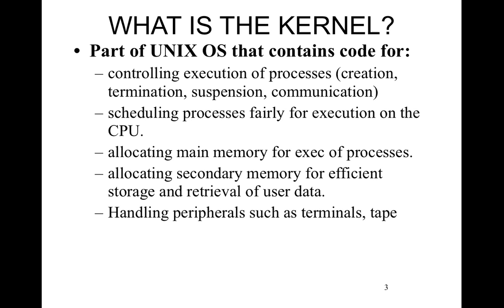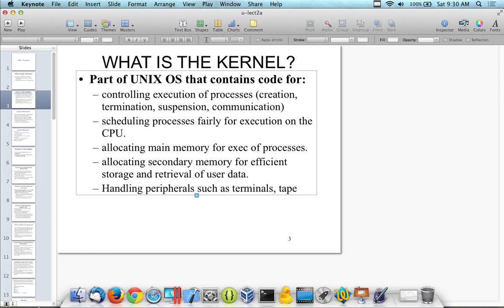Anything started and running by the kernel always has a higher priority. So Unix uses a priority system with process numbering, and the higher the number of the process ID, the lower the priority. Things at 0 to 10, 15, 20 are high priority. Things at 6,000, 8,000 are low priority.